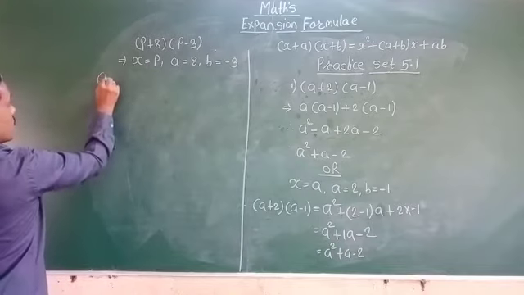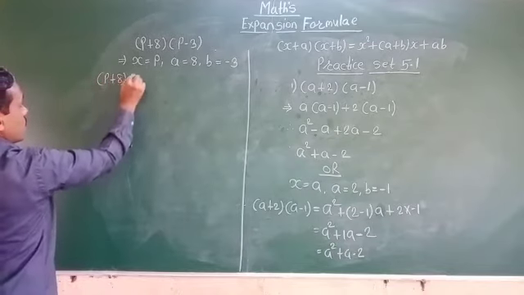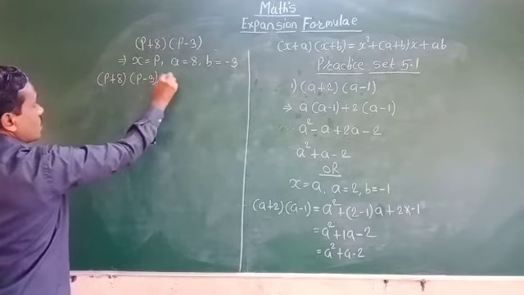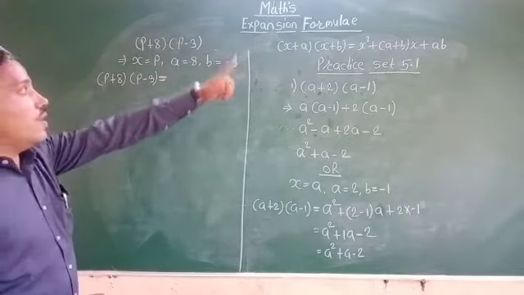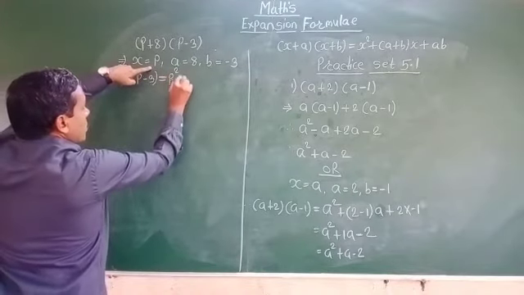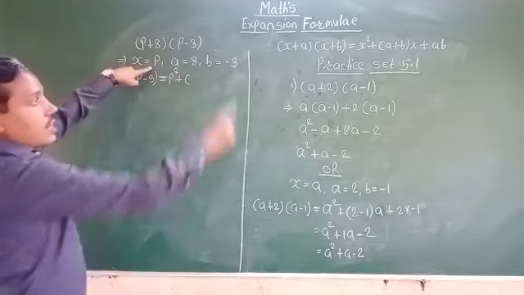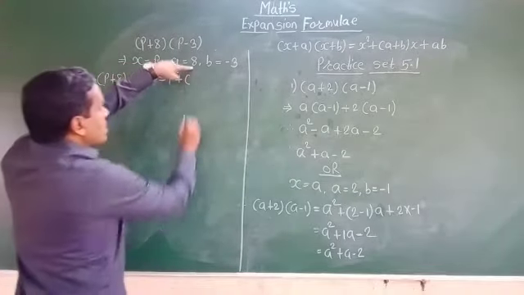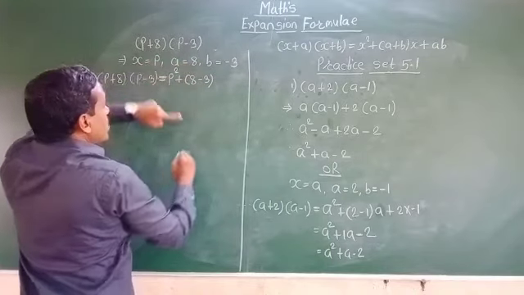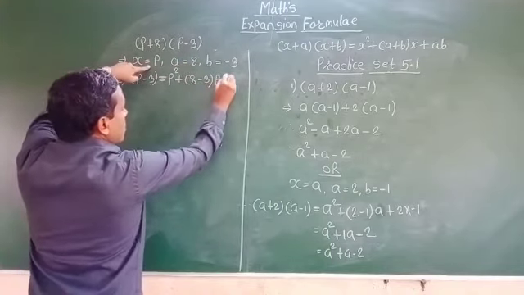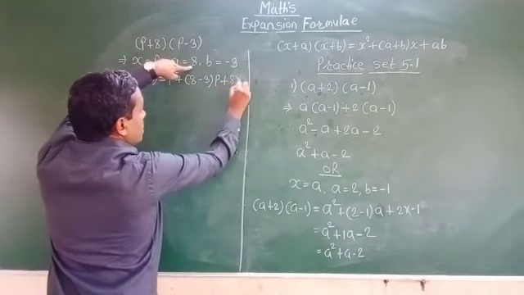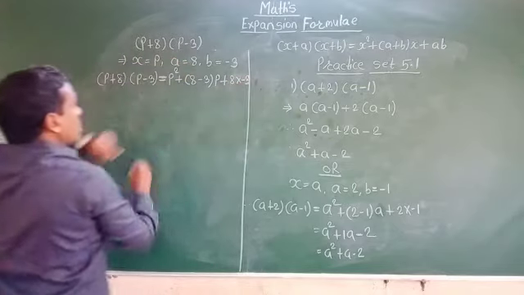So (p + 8)(p − 3) is equal to the expansion formula x square, where x is p, so p square, plus (a + b), that means 8 minus 3, times p, plus a into b, 8 into minus 3.